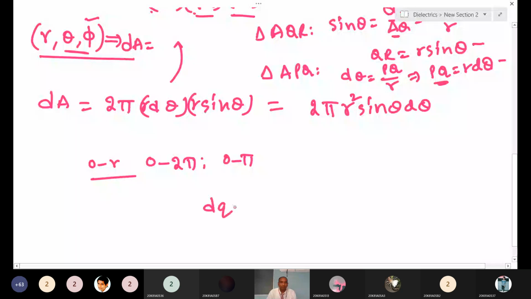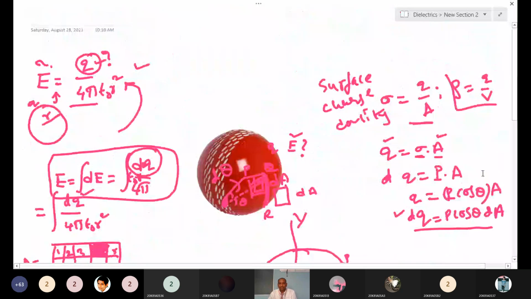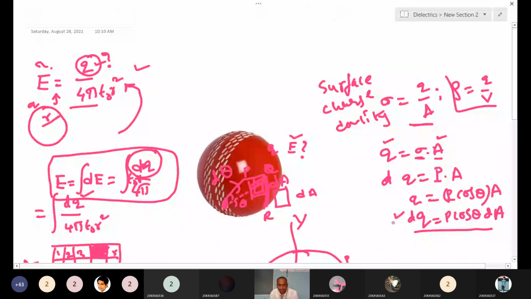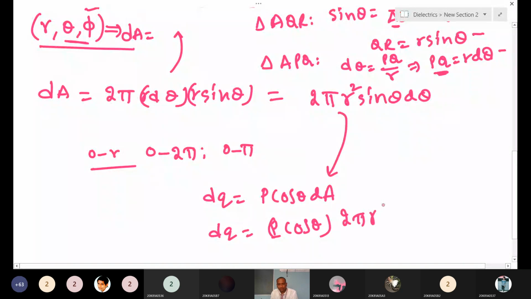What is the dq? Here we have written dq is p cos theta dA. Now what we got as the area element, we substitute here. dq is equal to p cos theta, and dA is equal to 2 pi R square sin theta d theta.